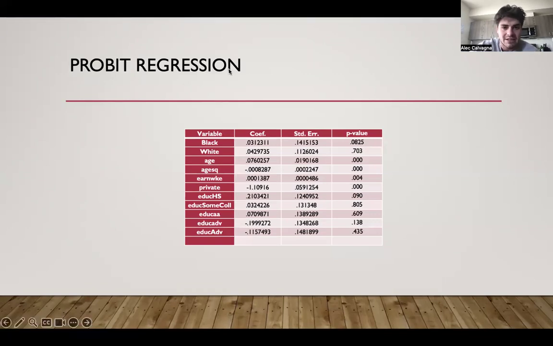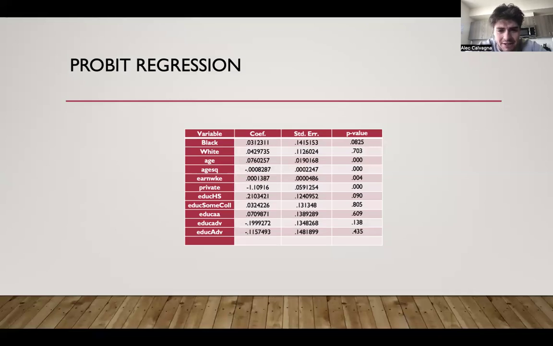So we can see the coefficients here: black, white, age squared, weekly earnings, private, I'm sorry, not education, but private company, and that's referring to whether or not a company is a union. High school education, college education, AA degree, advanced degree, or a college degree.